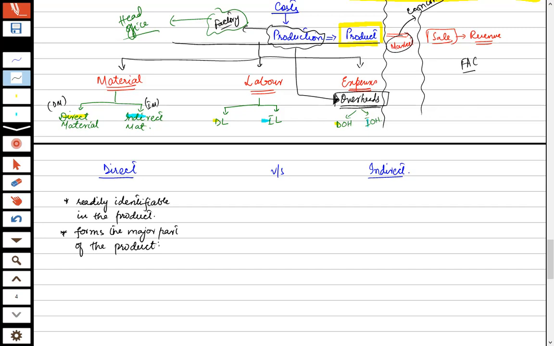Now indirect means that the quantity is lesser, or you may call it less weightage in the product.